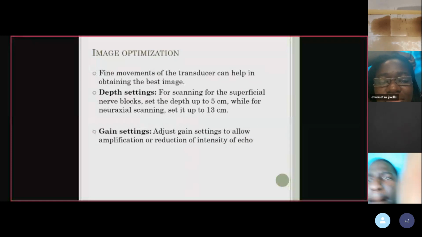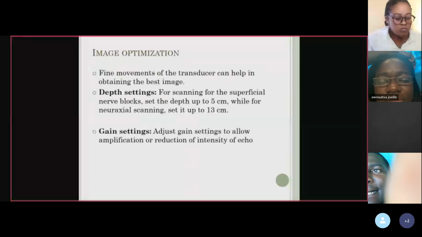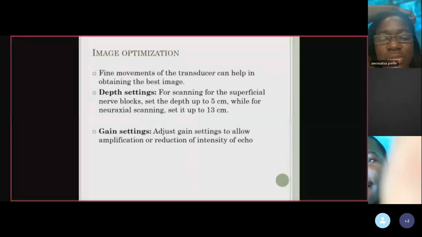So now whenever we have started the scanning, we have to do some slight adjustments even after selecting the protocol, which is set by the company. That is fine. Once we have adjusted the transducer to get a perfect image, we also have to do settings on the console. That is the depth setting and the gain setting.